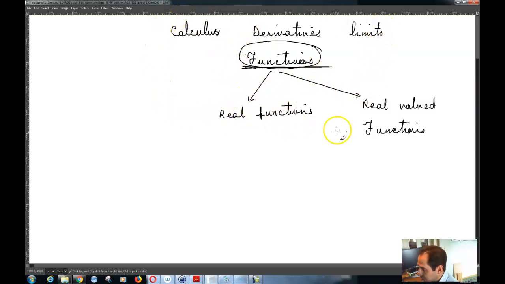Perhaps we should have done this a little earlier, although over there it was not very necessary, but over here this needs to be clarified before we can move any further.